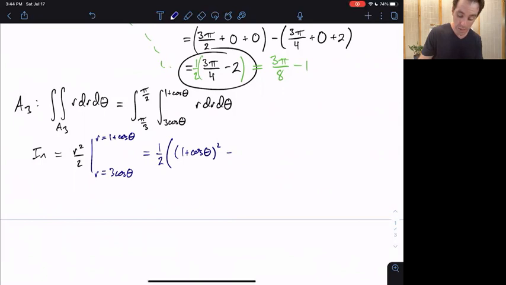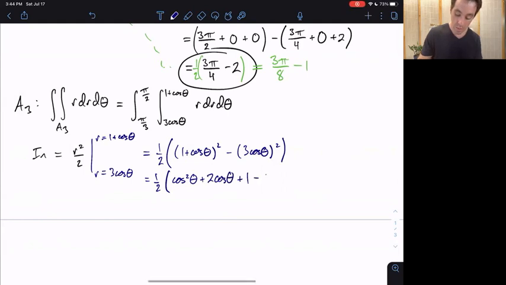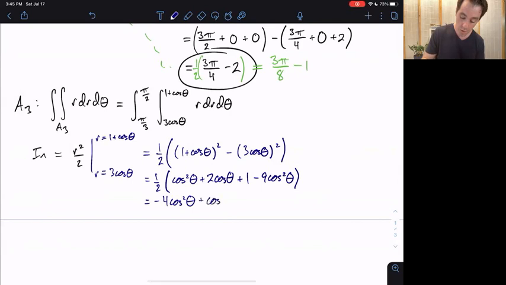And then minus 3 cosine theta squared. 1/2 times cosine squared theta plus 2 cosine theta plus 1 minus 9 cosine squared theta, which is, of course, 1 minus 9 is -8 over 2 is -4 cosine squared theta plus 1 cosine theta plus 1/2.